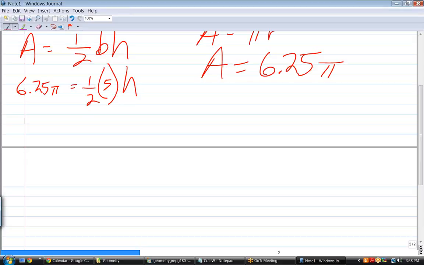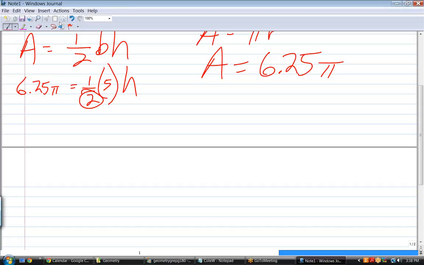I'm not sure. Well, it's a very basic algebraic equation. When I'm solving algebraic equations, the first thing I look to get rid of is any denominators. Okay, well, we have a denominator right there. So let's multiply both sides by 2. Well, that's easy enough. That's 12.5 pi now. When I multiply it by 2, 12.5 pi equals 5h.